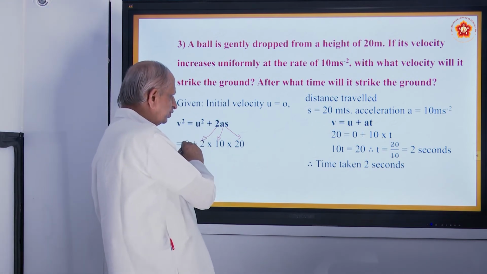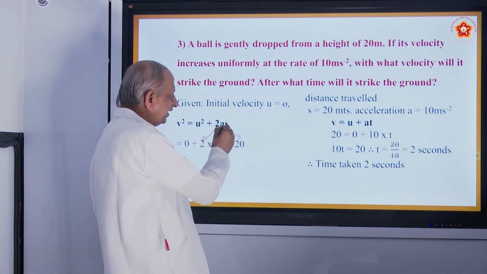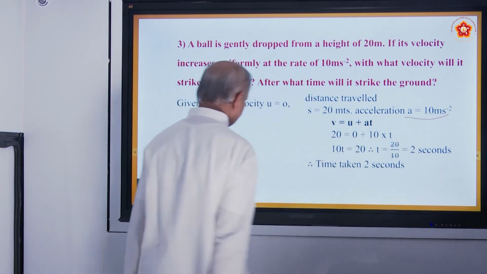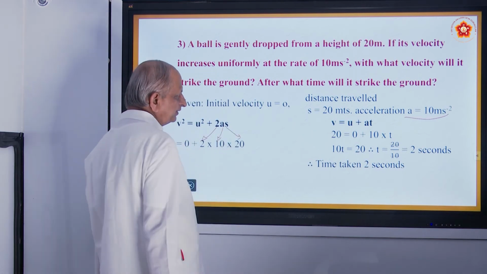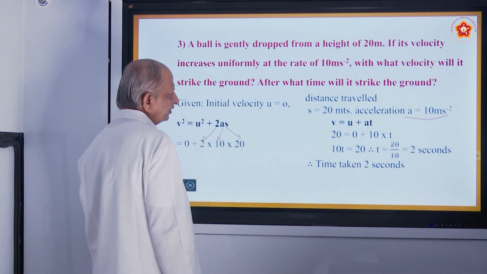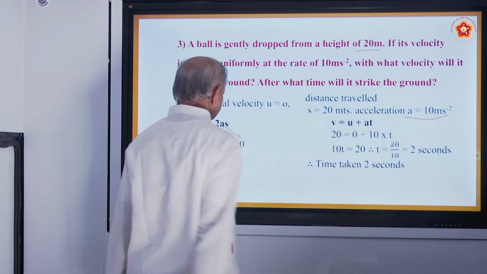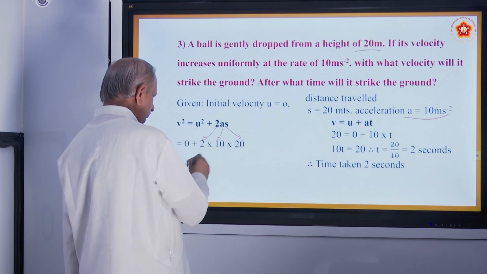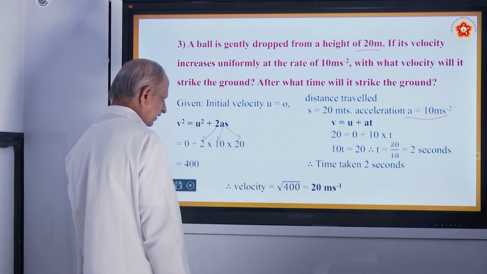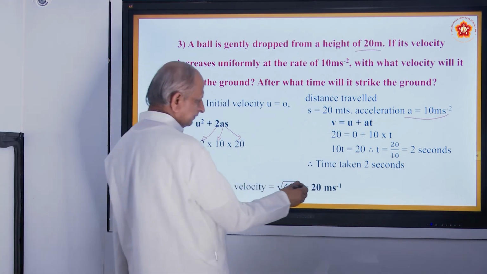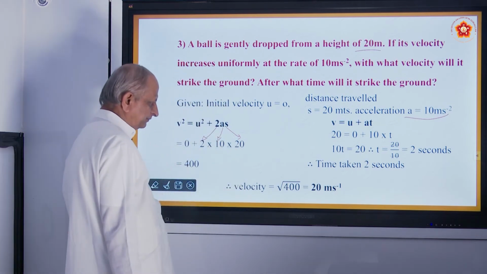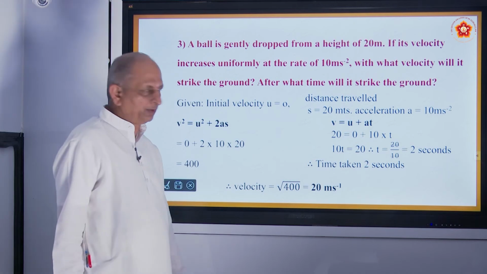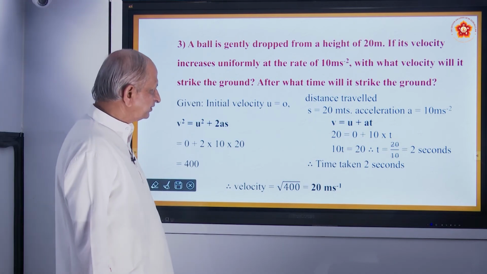So u square is 0 square, 0 only. a is 10. We have written here, acceleration is 10 meter per second square. S is distance travelled, that is 20 meters. So you have 400. 2 into 2, 4, 0, 2 zeros. So v squared is 400. Velocity is the root of 400. It is 20 meter per second. Okay. So this is the third formula being used. So we have seen how it is applied in all the different situations.